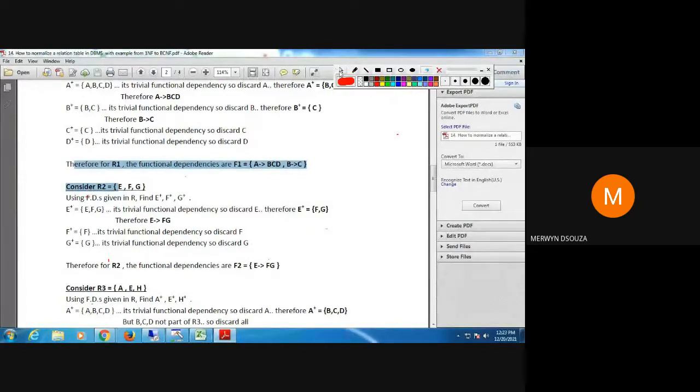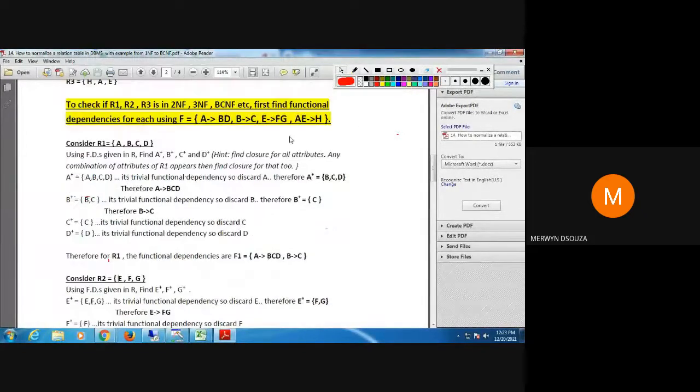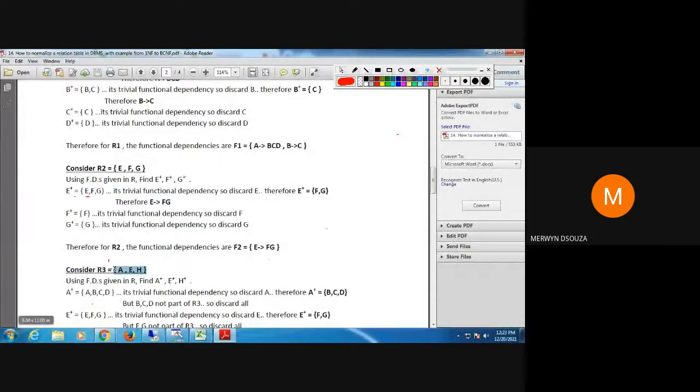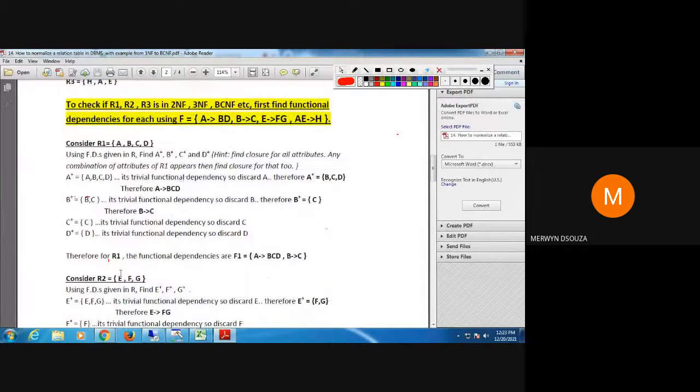When you're finding these combinations, there's a combination that appears, which is AE. Since the single attribute closures are not valid, we are looking at combinations. There is only one combination that appears on the left hand side. Here there were single attributes A and E, and the only valid combination is AE.